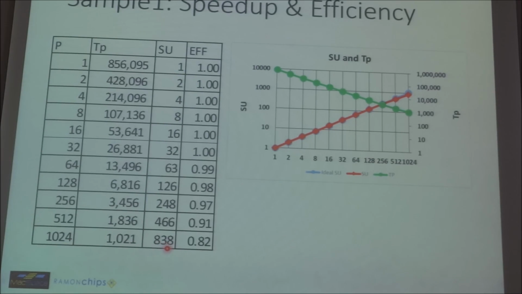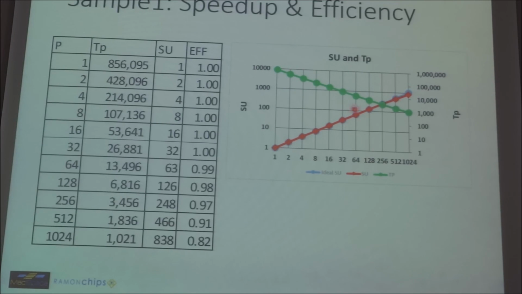So it's very close to, but not the same as 1024. It's actually an efficiency of only 0.82. The blue line is ideal speed up, so for 1024 the ideal speed up would be 1024. You see the red line covers the blue line, except at the very far end.